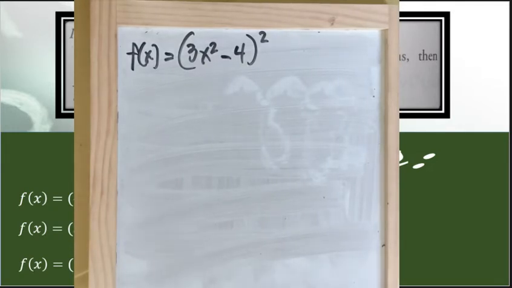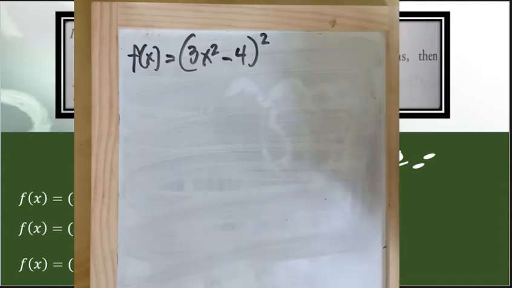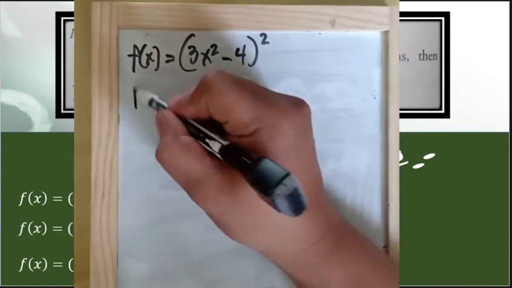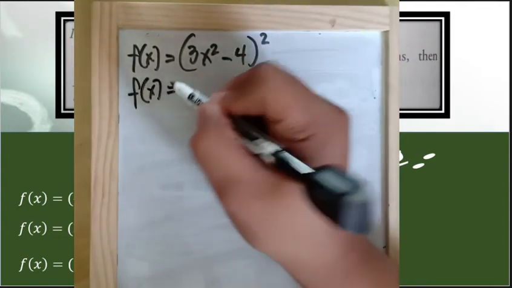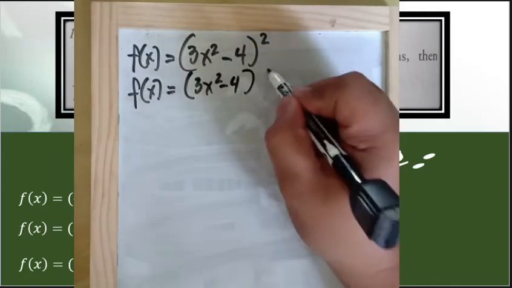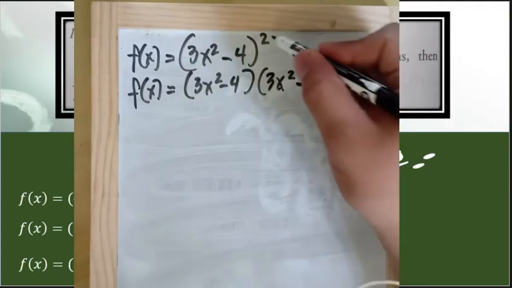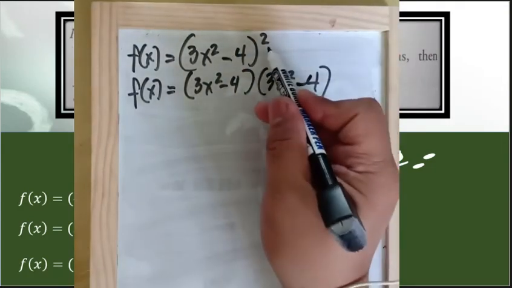And since our topic here is about the product rule, we just need to apply the product rule. Now, if I'm going to ask you what is the u function and what is the v function, yes, the u and the v are the same. So this given function f of x can be rewritten as 3x squared minus 4 times itself, 3x squared minus 4. So that's why we have a square, right?